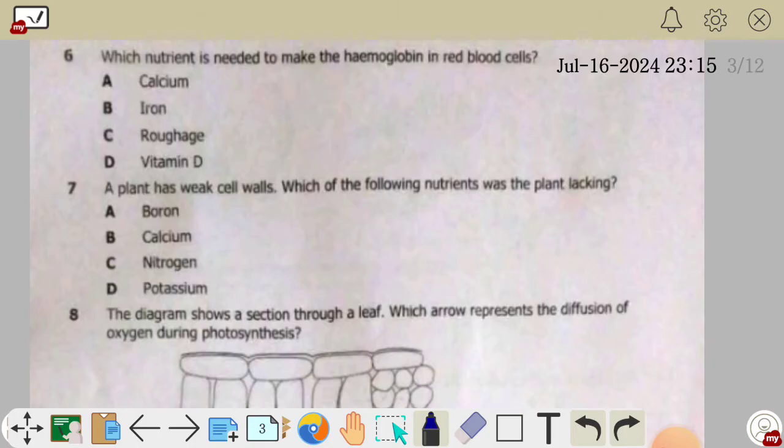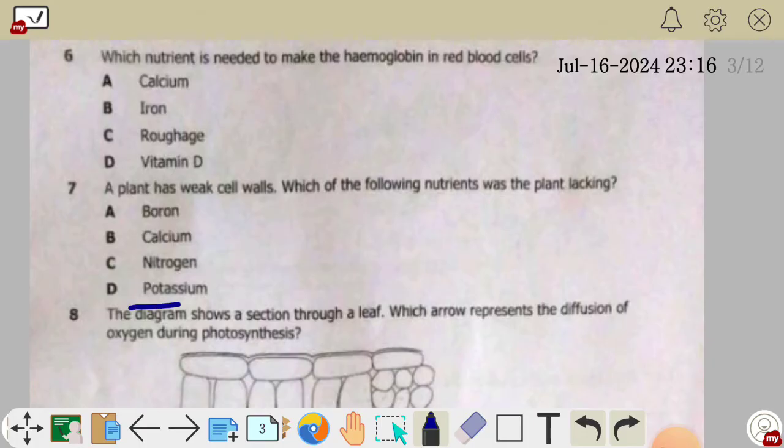Question 7, a plant has weak cell walls. Which of the following nutrients was the plant lacking? A, boron, B, calcium, C, nitrogen, D, potassium. So the correct answer here is calcium. Calcium is needed for formation of cell walls and other structures, which helps in the integrity of a plant.